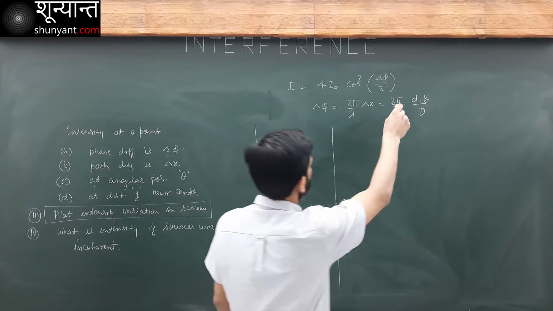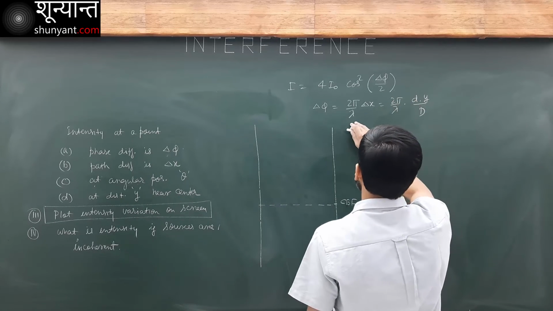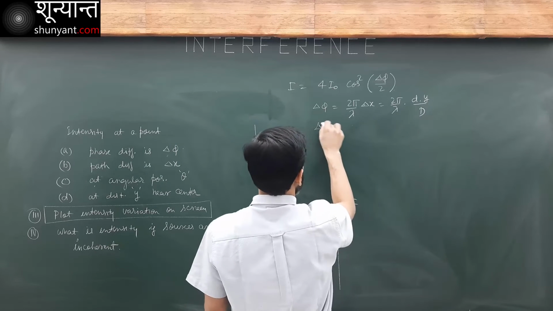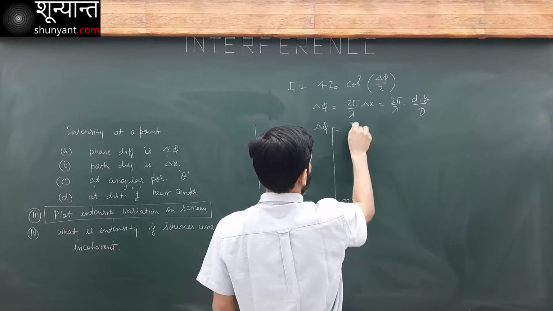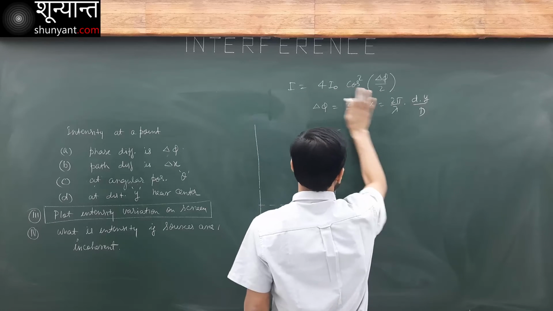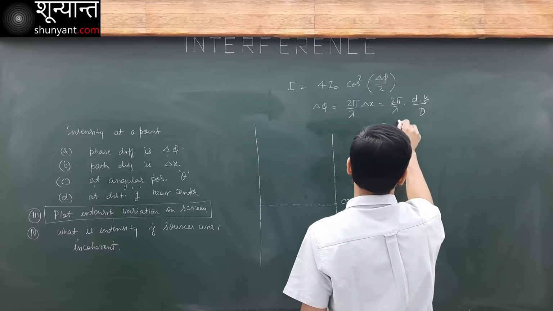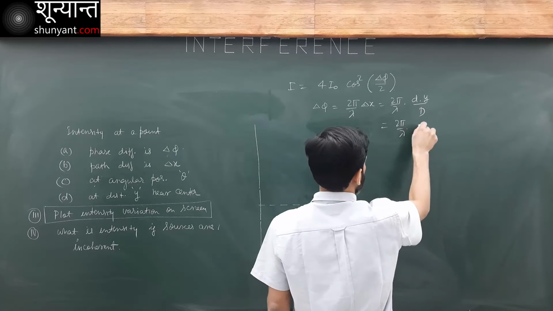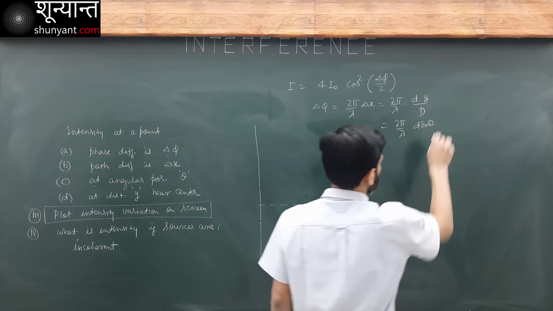I can also write it in terms of theta. I can also write delta phi as 2 pi over lambda and d sine theta.